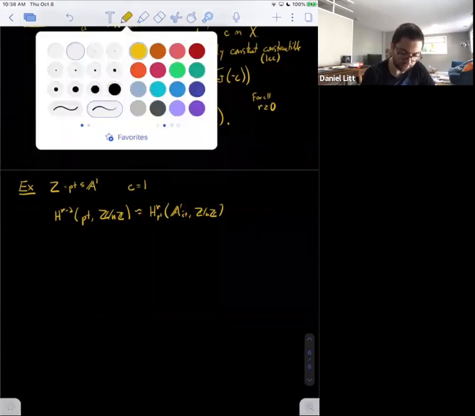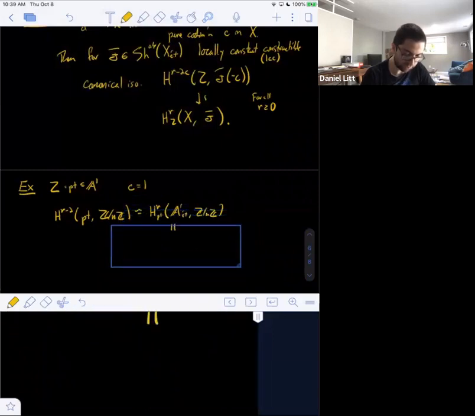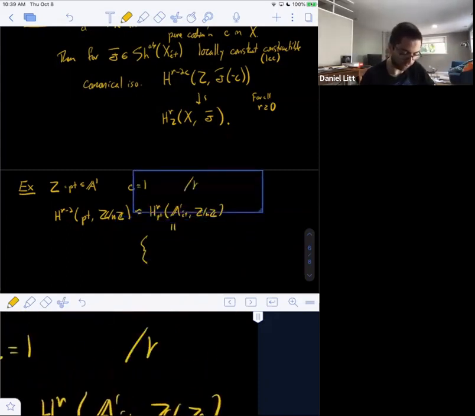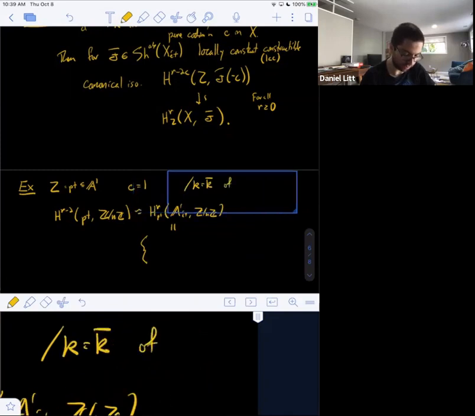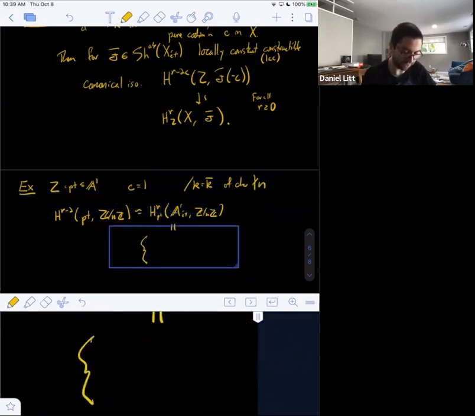So what is this? Let's suppose we're over an algebraically closed field of characteristic not dividing n. Then, can anyone tell me what is this thing on the right?